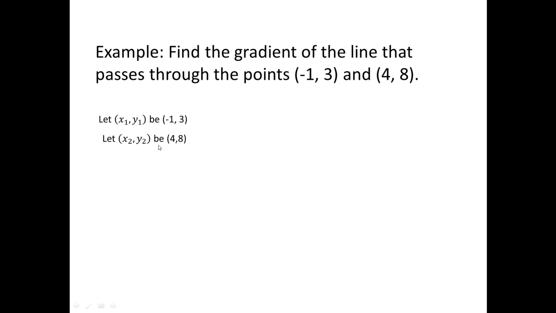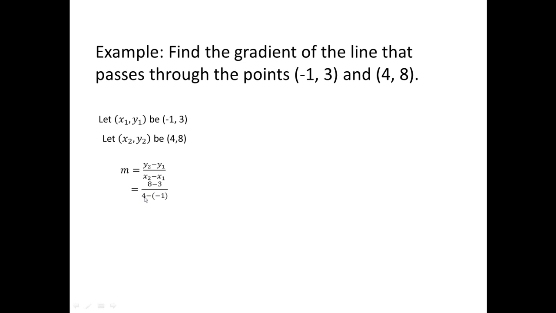So x2 is 4, y2 is 8. So let's put that in our equation. y2 is 8, y1 is 3, so you should have 8 minus 3 on the top. x2 is 4, x1 is -1. Now you have to be careful here. When we put it in, on the top we had 8 minus 3.